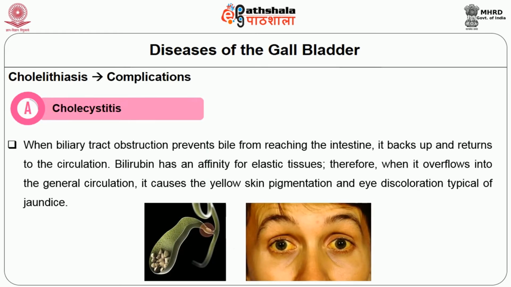When biliary tract obstruction prevents bile from reaching the intestine, it backs up and returns to the circulation. Bilirubin has an affinity for elastic tissues. Therefore, when it overflows into the general circulation, it causes the yellow skin pigmentation and eye discoloration typical of jaundice.